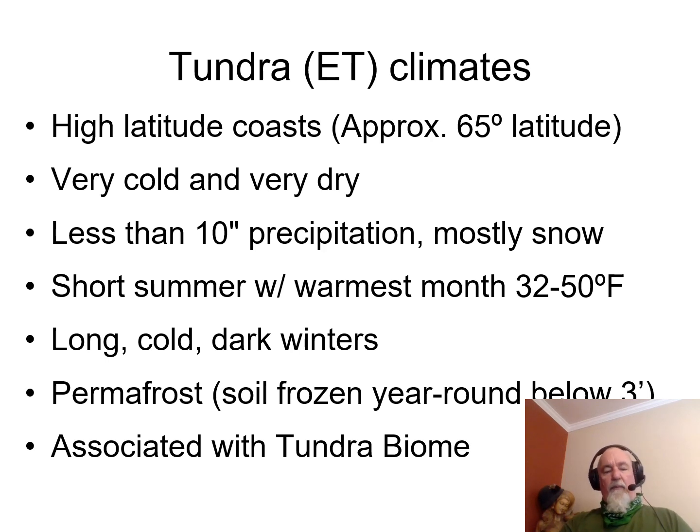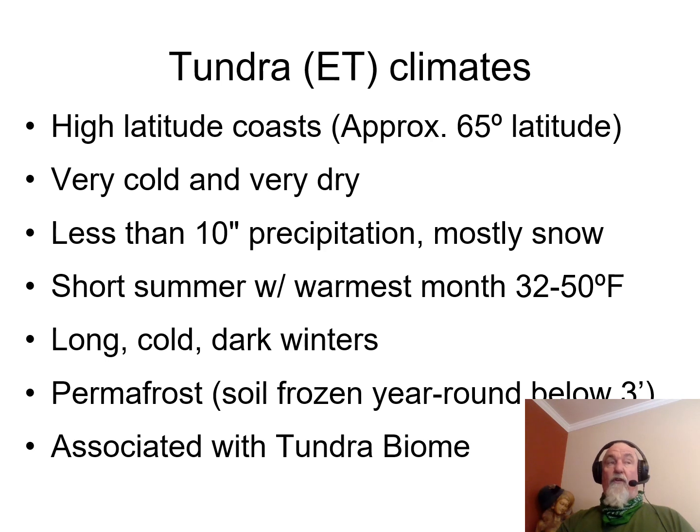So the tundra climates, again, they seem to be along the coasts, pretty dry by most standards, less than 10 inches of precipitation, but that 10 inches of precipitation is plenty when you don't have very much evapotranspiration. Most of that is falling in the form of snow. Very brief summers, 1, 2, 3, or 4 months, where it thaws out for a little while, and if it thaws out, things can start growing.